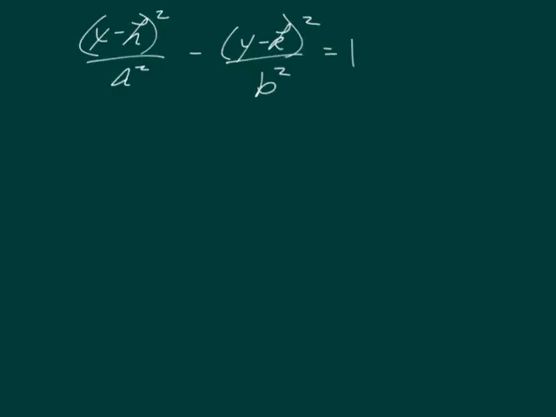So let's go ahead and do this first example here, and they gave us quite a long one: 4y squared minus x squared plus 24y plus 4x plus 28 equals 0. Now what they're interested in is you graphing it.